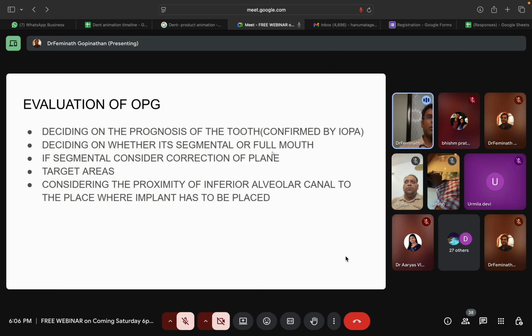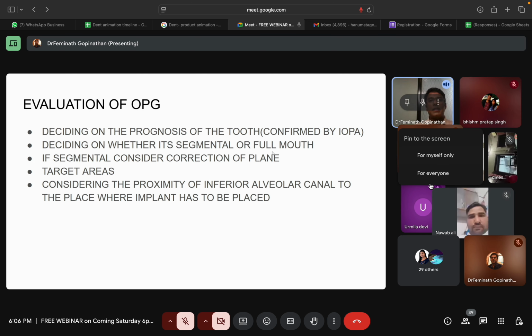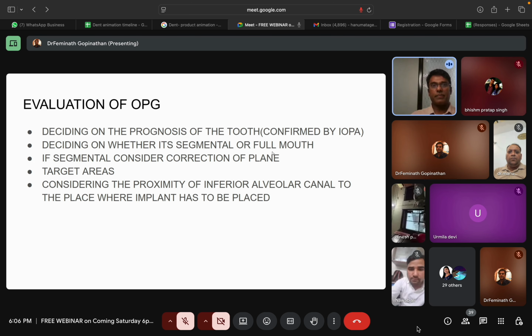Now, talking about evaluation of OPG, the first thing you should understand is that as far as OPG is concerned, you can have a broad idea about the whole thing, but there is no specificity. The reason behind that is, it is a panoramic radiograph. There will be a lot of shadowing, in the sense there is a lot of horizontal overlapping.